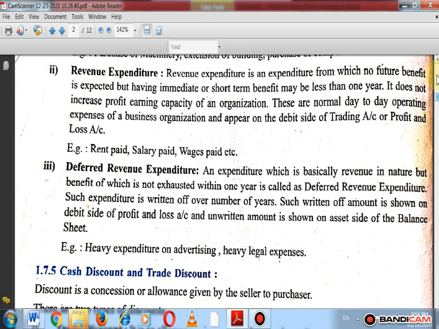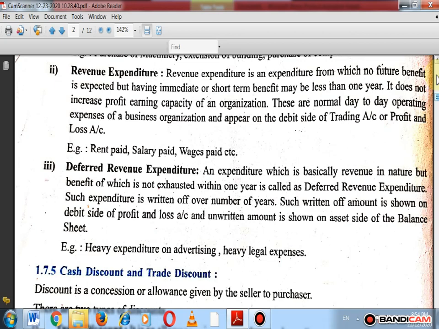That benefit is short term, may be less than 1 year. If the expenses are direct in nature, we record them on the debit side of the trading account.